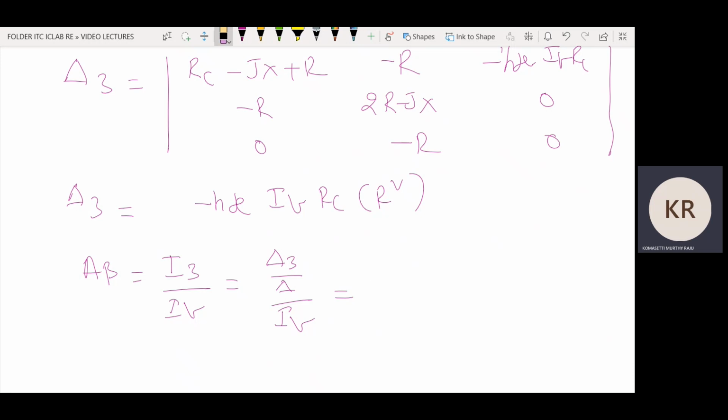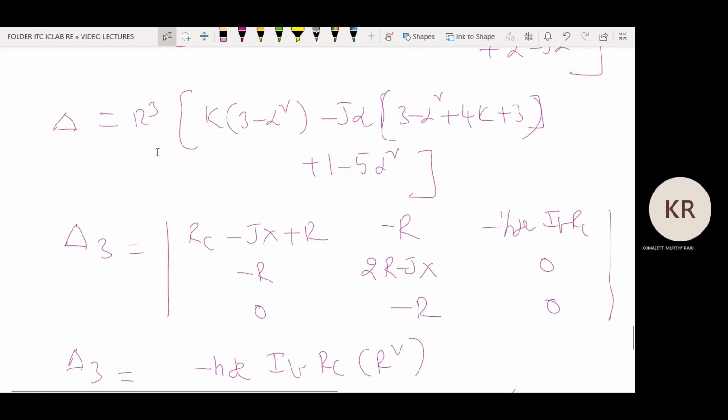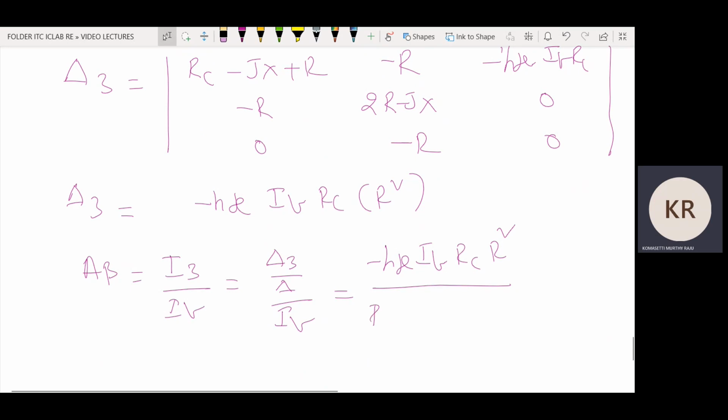Delta 3 value is minus hFE IB RC R square, by the delta value, which is R cube into 3k plus 1 minus 5 R square, minus k alpha square plus j into alpha cube minus 4k alpha minus 6 alpha.